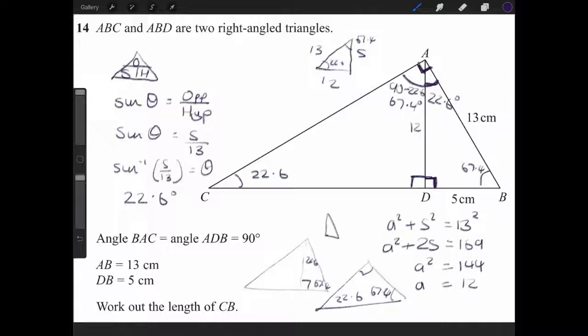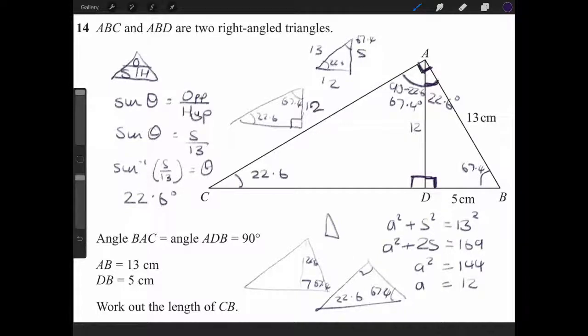I had it the wrong way around, do apologise. And my larger triangle is going to be there with 22.6 and 67.4. So because they are similar, I've got this side here, which is 12.